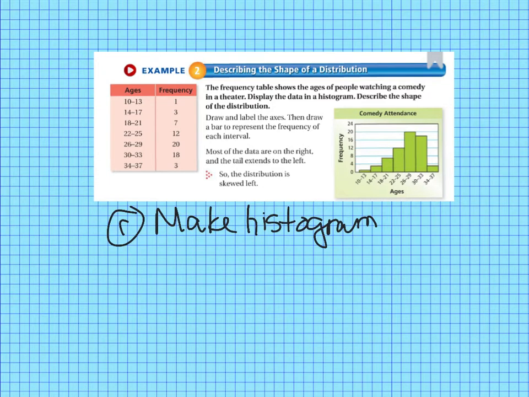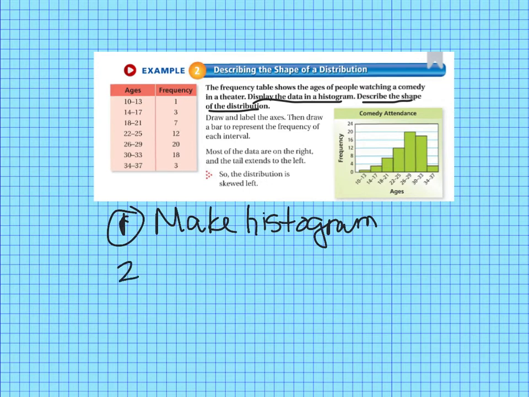So it's asking us to actually do two things: display the data and describe the shape of the histogram. So it says draw and label the axes, then draw a bar to represent the frequency of each interval. So that is all in our step 1, making the histogram.